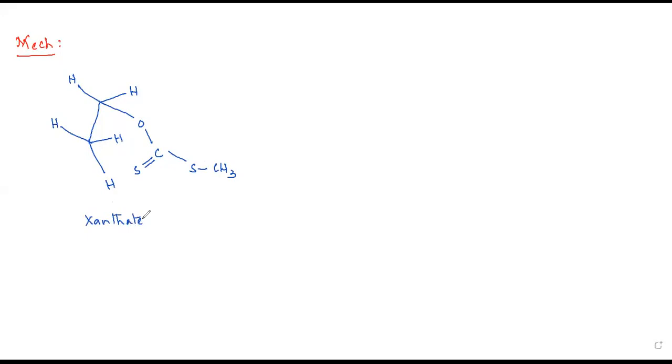That is subjected to pyrolysis. Let us see the steps. First, second, third. Same thing. Now, we get a transition state. Of course, it shows the bonds that are going to get broken and the bonds that are going to form.